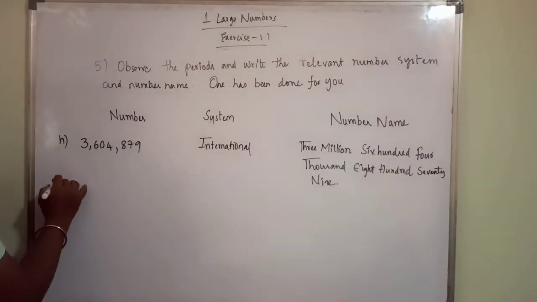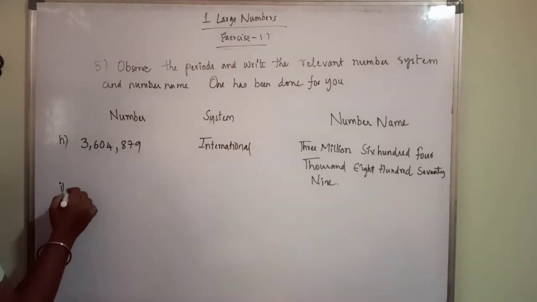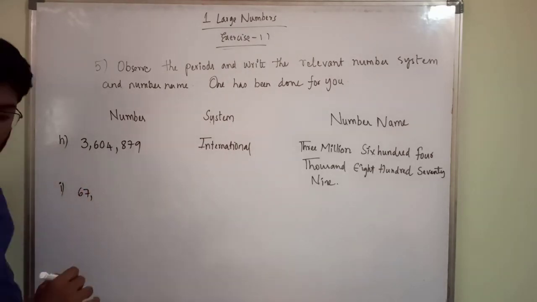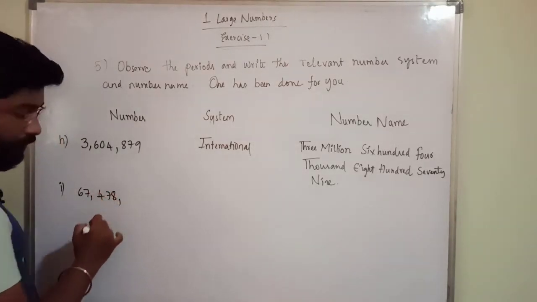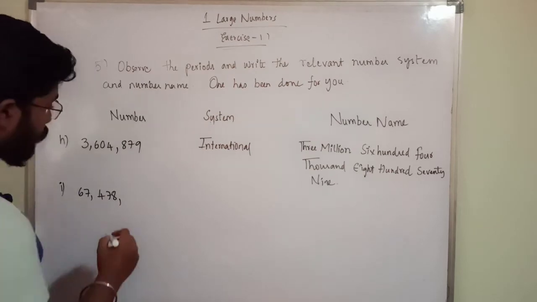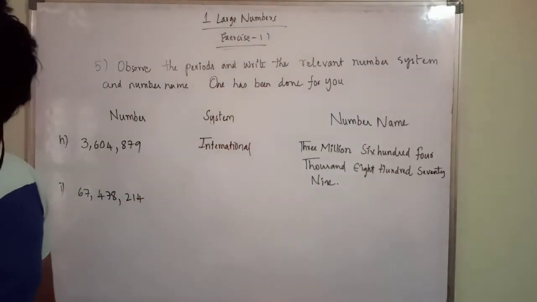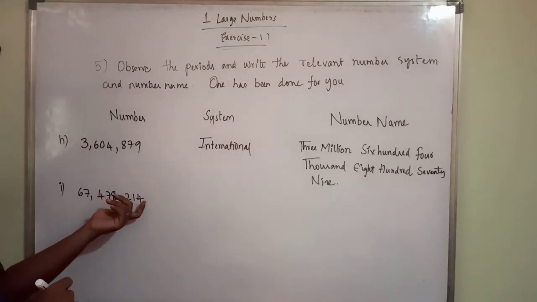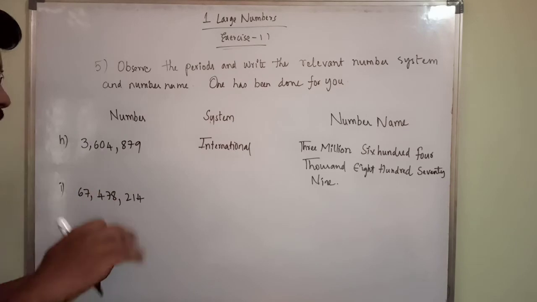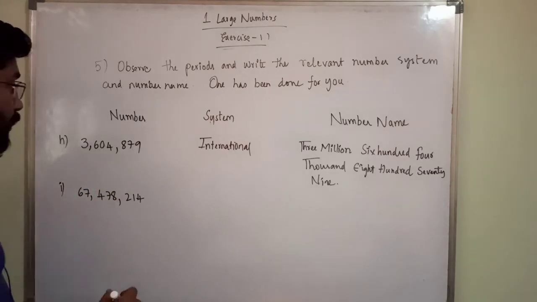Next, I. 67,478,214. Okay, 67,478,214. So in the first period you are having 3 digits, in the second period also you are having 3 digits. Okay, so this is the international system only.